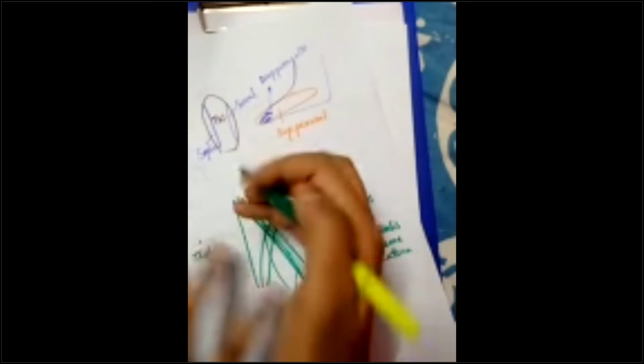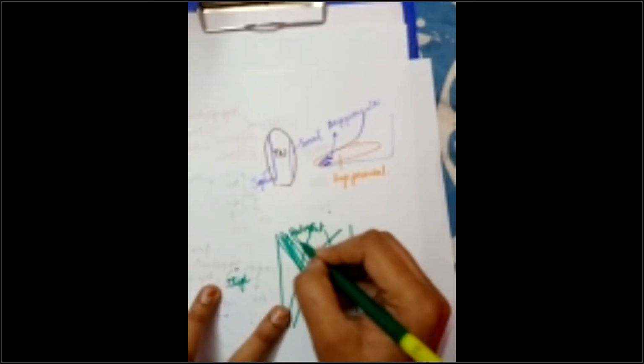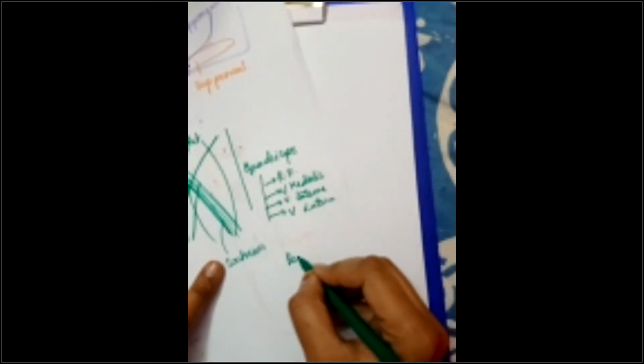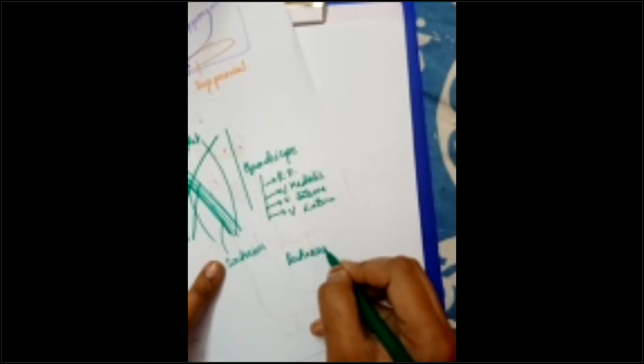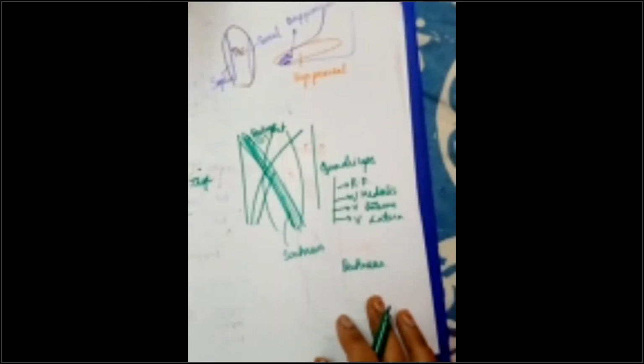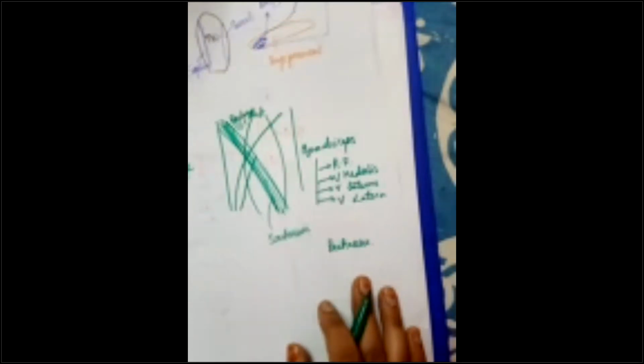Above you will have a small muscle, pectineus. Done. Is that all in the anterior compartment? Anything else?